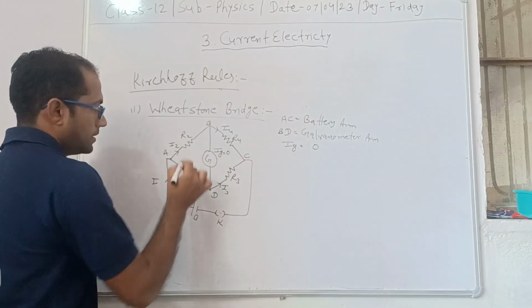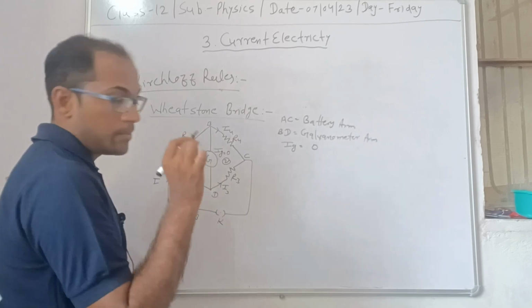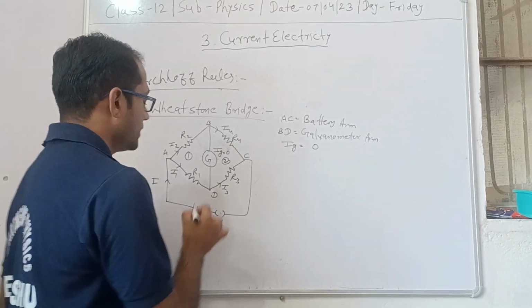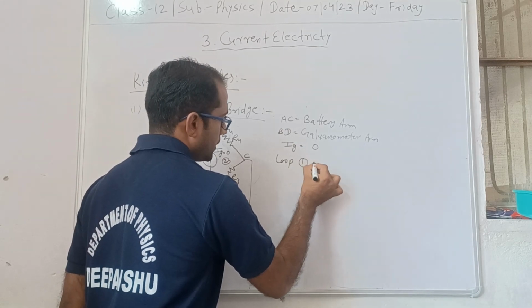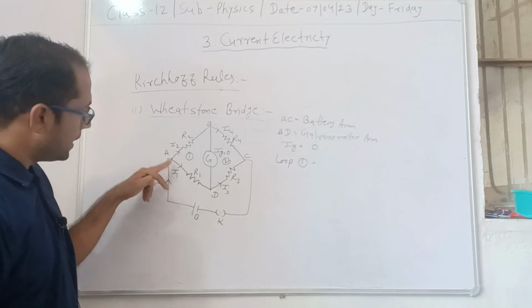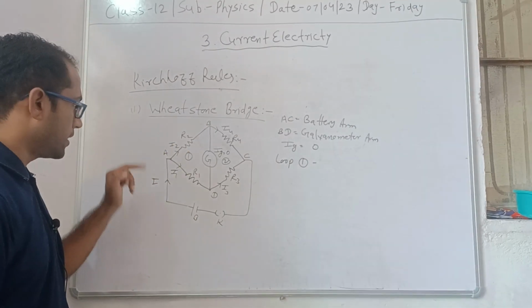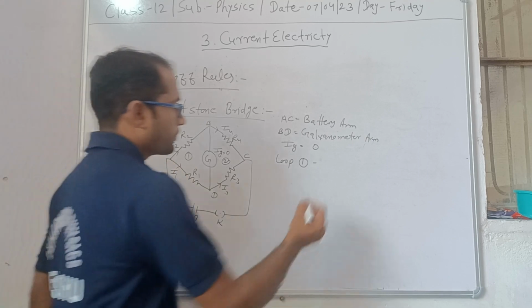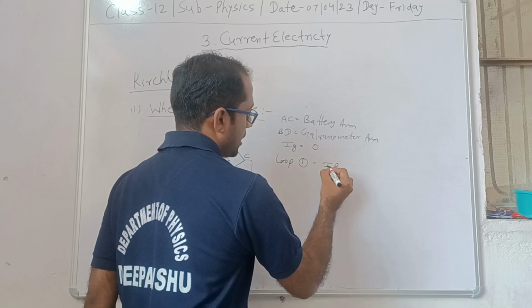Then this is loop first and this is loop second. We apply the Kirchhoff rule in loop first. In loop first we consider from A, D, B, and finally come back to A. So A to D the voltage is I1 R1.